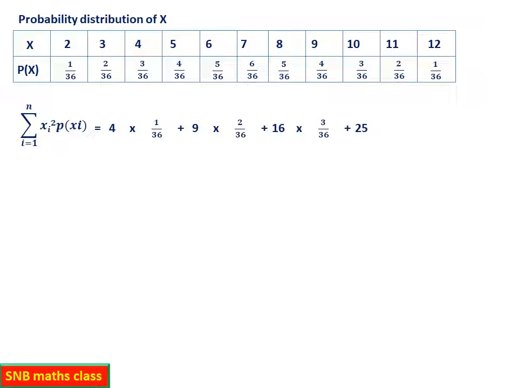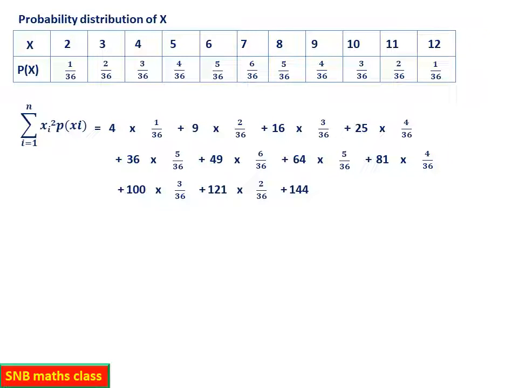Then plus 5 is 5 square, 25 into 4 by 36. Then 6 is 36 into 5 by 36. Then 7, 49 into 6 by 36, then 8 square, 64 into 5 by 36, then 9 square, 81 into 4 by 36, then 10 square is 100 into 3 by 36, then 121 into 2 by 36, and the last one, 12 square is 144 into 1 by 36.